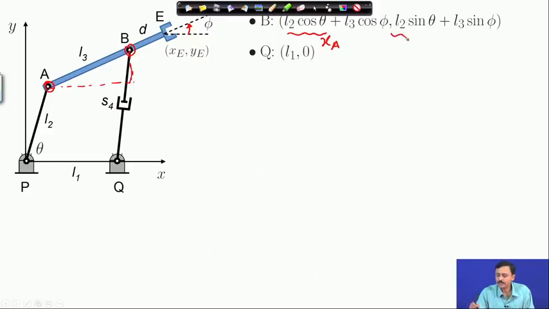So, that is the x coordinate of point B. The y coordinate of point B, this is the y coordinate of point A, and to that I add the y projection of AB, that is L3 sin phi. So, this is L3 sin phi and this is L3 cosine phi.